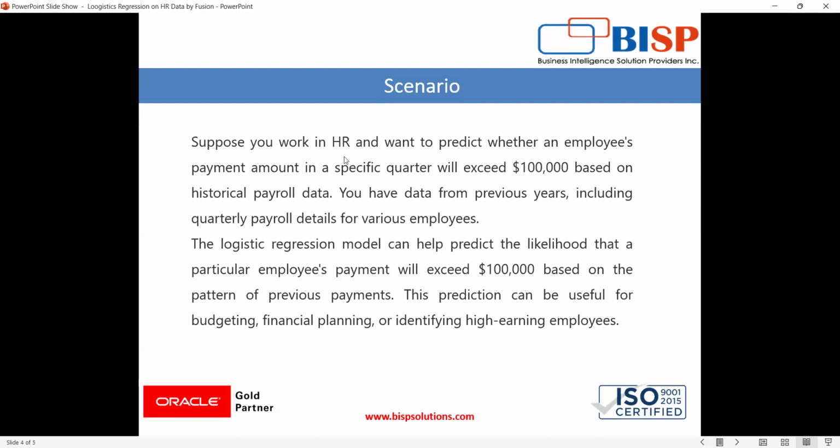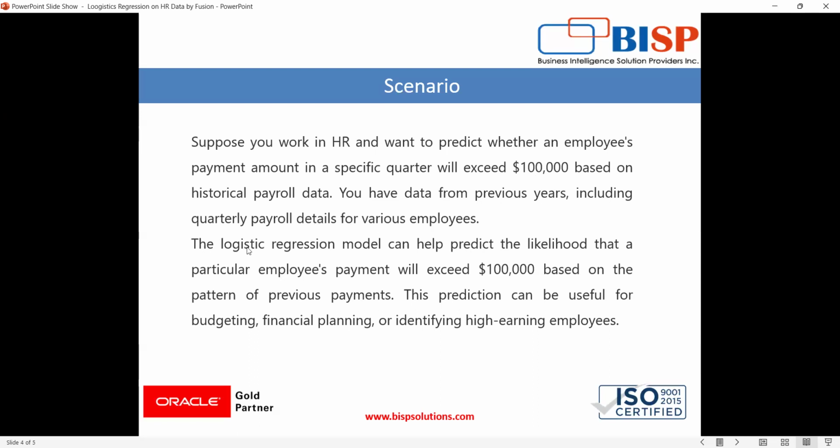Suppose you work in HR and you want to predict whether an employee's payment amount in a specific quarter exceeds $100,000 based on historical payroll data. You have data from previous years, including quarterly payroll details for various employees.